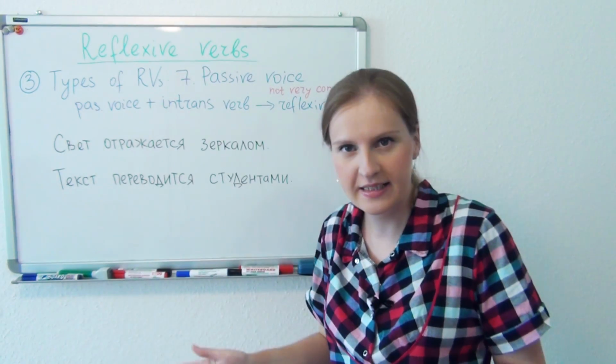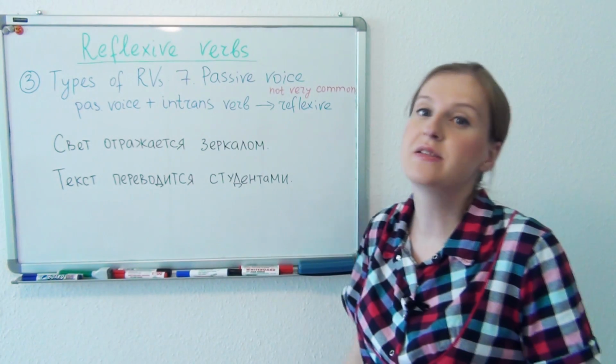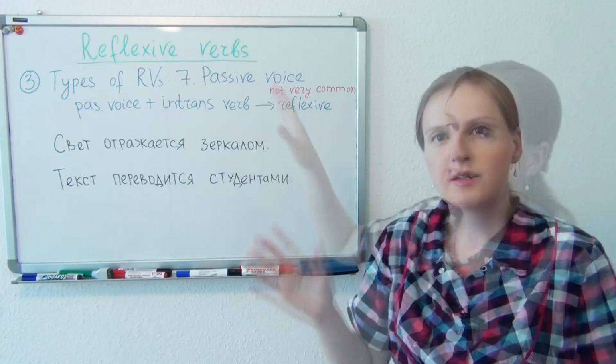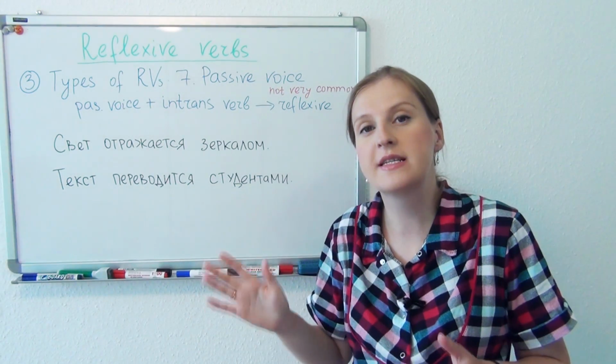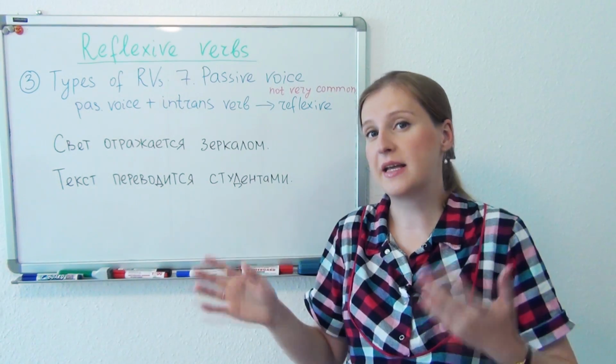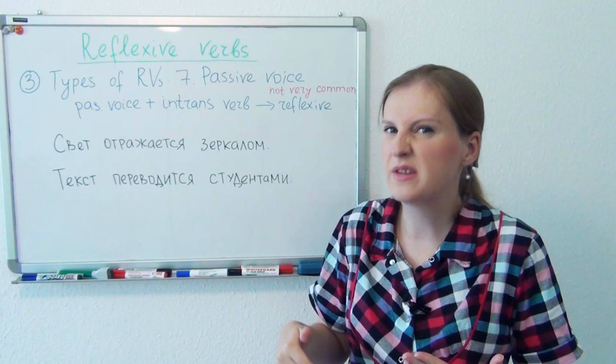And finally, type number 7, these are reflexive verbs used in the passive voice. Here I should mention that passive voice is not that common as in English. So we use passive much less often than in English.